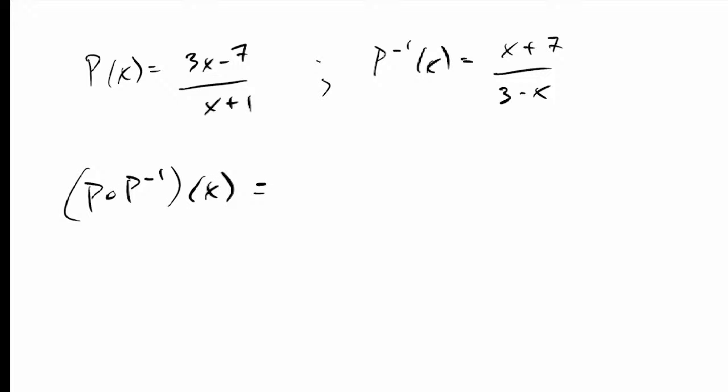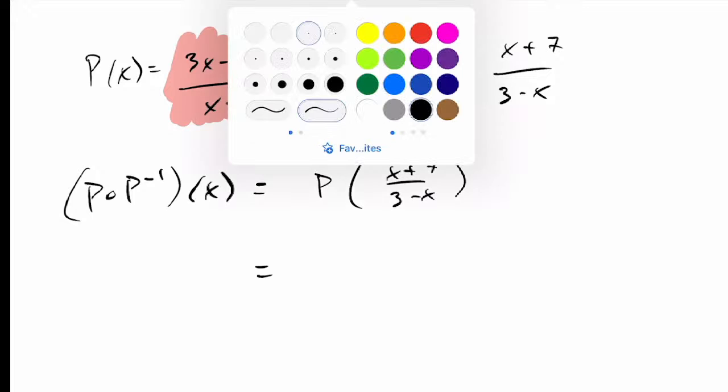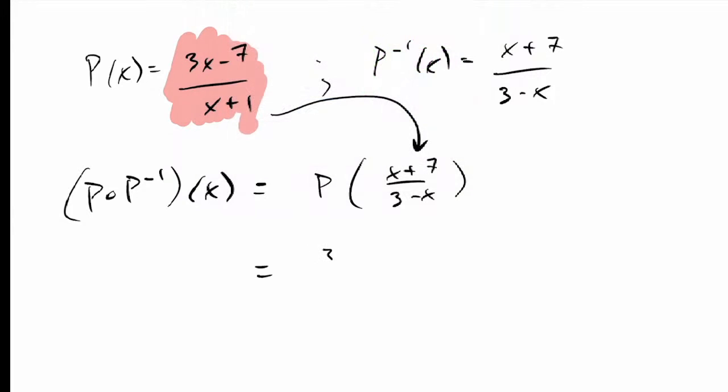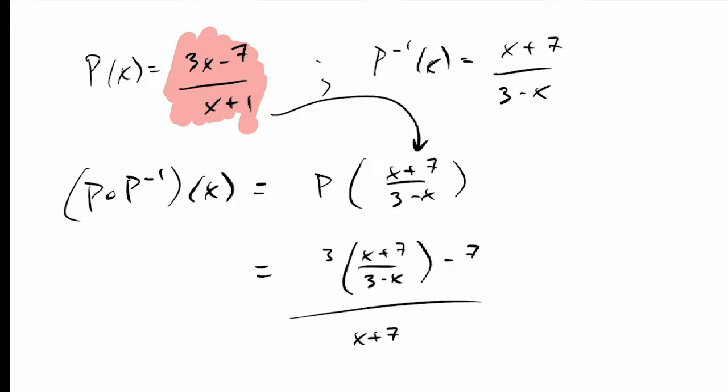So this will be p acting on p inverse. And now everywhere I see an x in this equation, I'm changing it to this thing. So this will be 3 times x plus 7 over 3 minus x, minus 7, over x plus 7 over 3 minus x, plus 1.